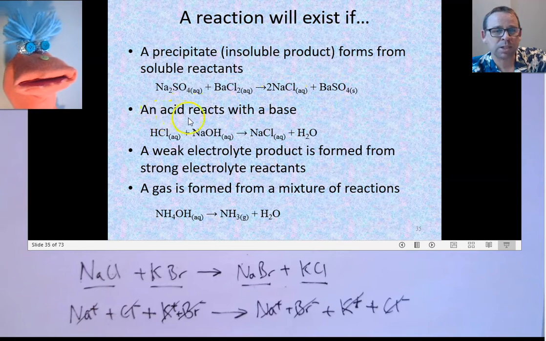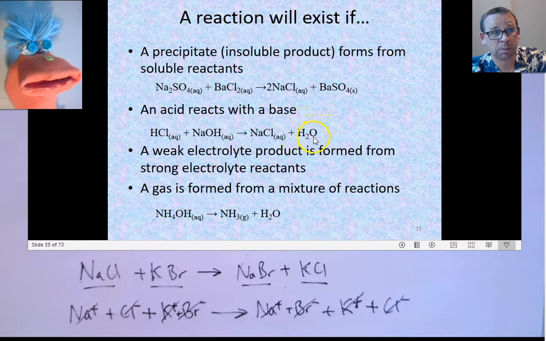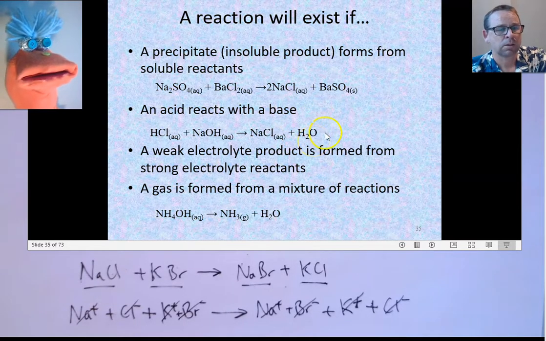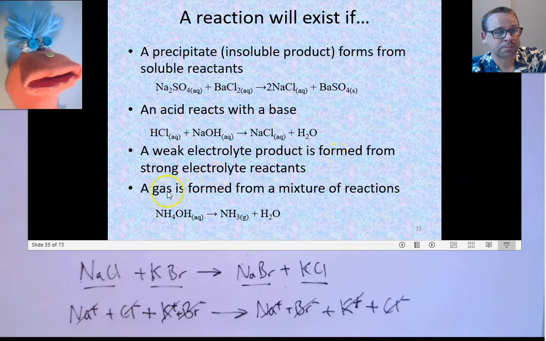In an acid-base reaction, or a neutralization reaction, you have acids combining with bases and water is formed. Water is not a soluble ionic compound. It won't break up into its ions, right? Sometimes a weak electrolyte, like a weak acid, will form, all right? And sometimes you get a gas forming.